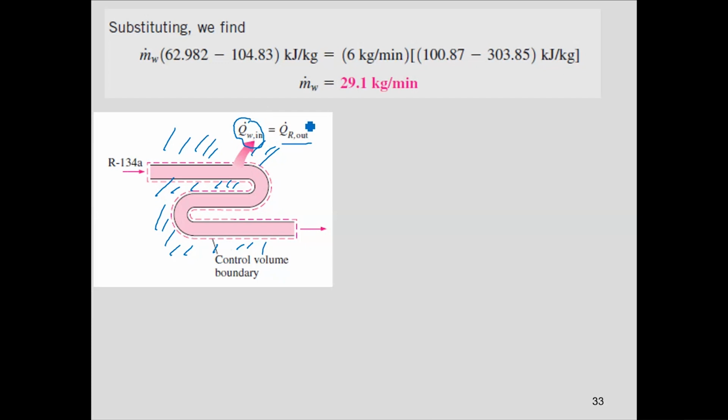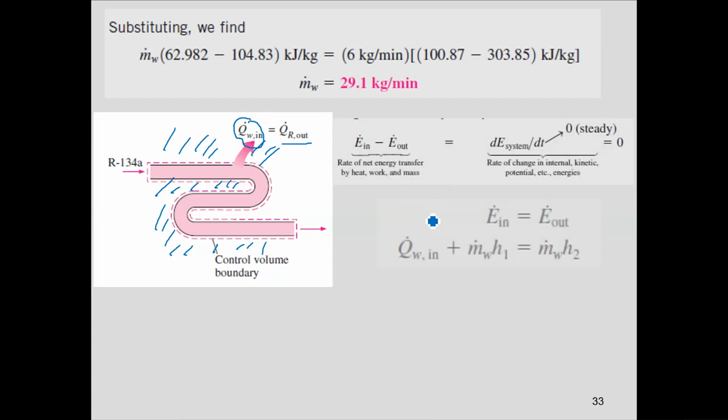So if you look at the energy balance equation, it is the heat being supplied to water and the energy of the water which is entering the system associated with its enthalpy and mass flow rate, and the energy which is leaving the system is essentially the enthalpy associated with mass flow rate of the water which is leaving the system.